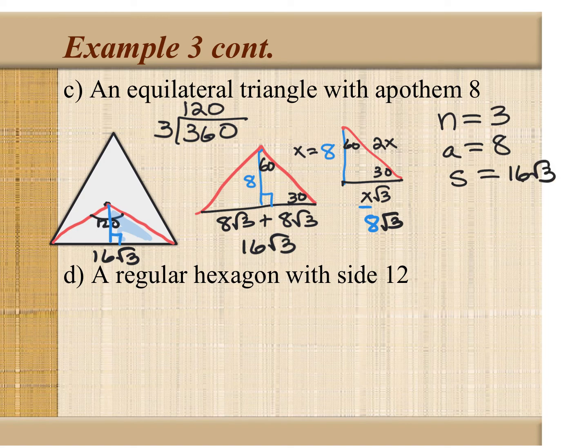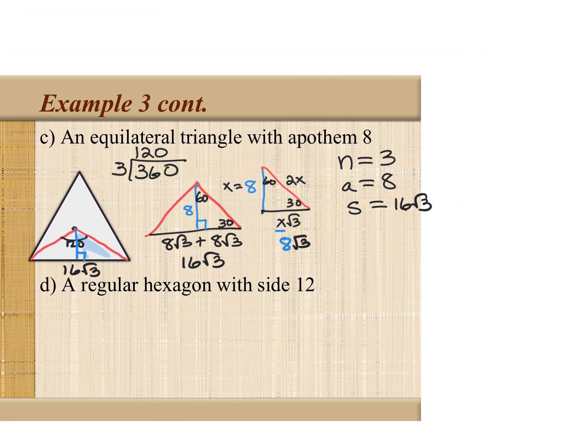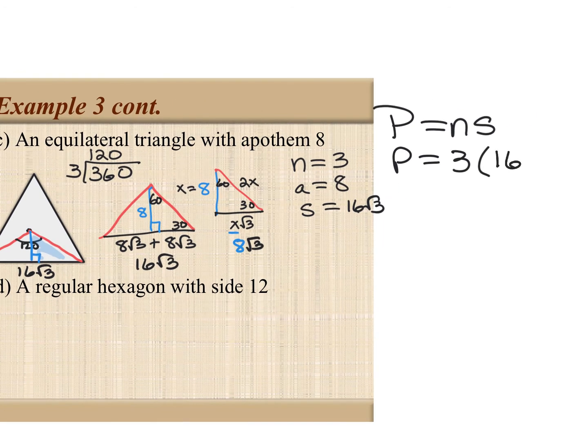So now that I have the value for the 3 variables, now I can plug them into the formulas. So for the first one, the perimeter, number of sides times the side length. Number of sides is 3, it's a triangle. And then the side length is 16 square root 3.